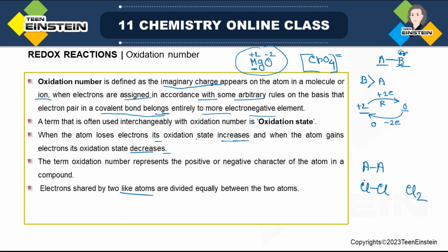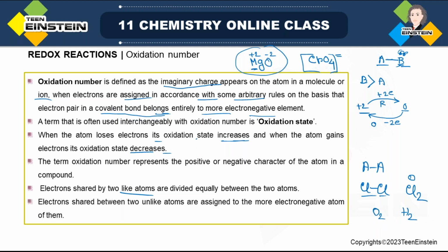So in this case, you cannot write +1 or -1 because both are the same. We cannot say that one is more electronegative. So we will consider zero oxidation state for both chlorine atoms. It is the same for oxygen also, and for hydrogen.